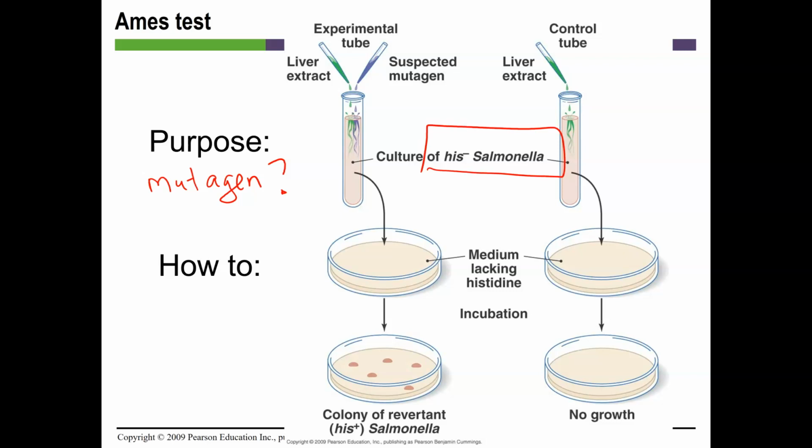Along with this key bacterial strain, you need media without histidine. You'll need your test chemical, and you need liver enzymes. Liver enzymes are known to sometimes alter harmless chemicals into mutagens, and that's why they're included. You can also run a set without these enzymes. Your negative controls lack the test chemical. They'll include water.